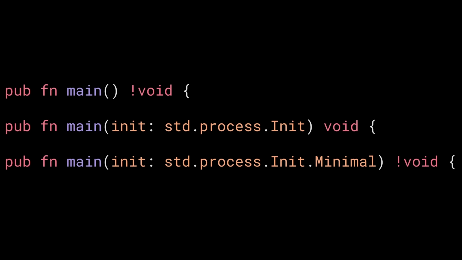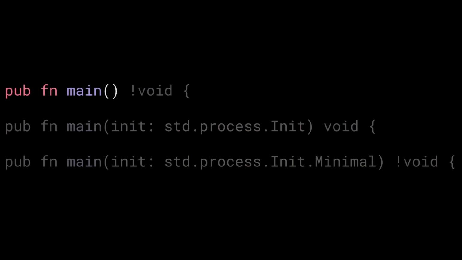There are now 3 ways to define the main function. With no parameters, as usual, with 1 parameter of type std.process.Init, and with 1 parameter of type std.process.Init.Minimal. And as you guessed, these new parameters are what is going to give us the goodies. But what's important to understand is that it's not just a new convenient way to receive some useful stuff.